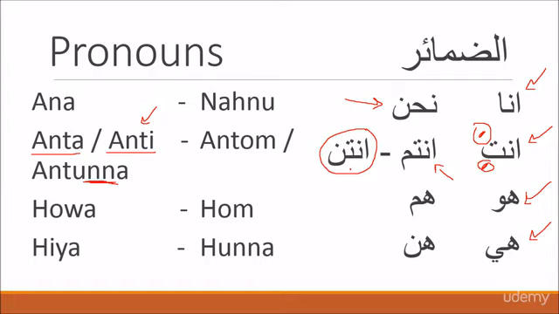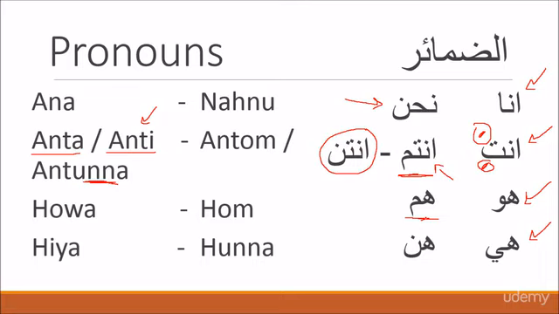But as I told you, I never used this before, and a lot of people never use this. Because if you would like to respect a group of people, you can simply say antum, and antum works for male and for female. Okay? So antum is you all, hum is they all, and also works for male and female.